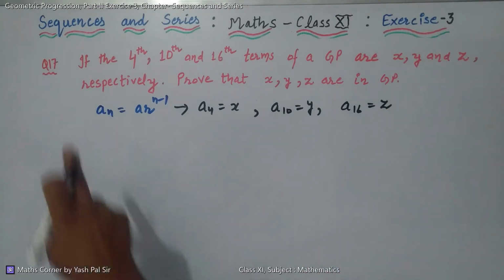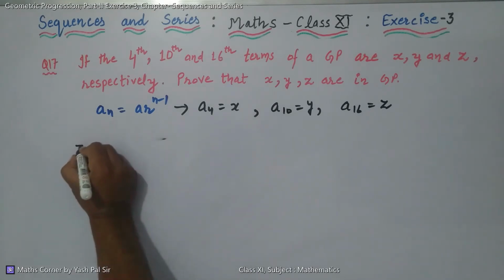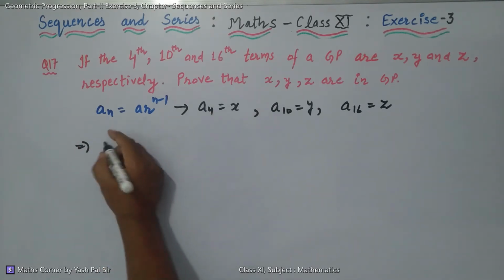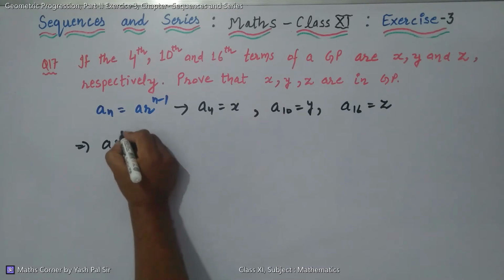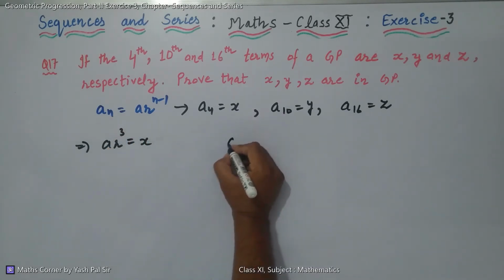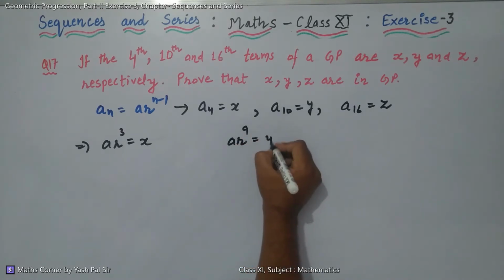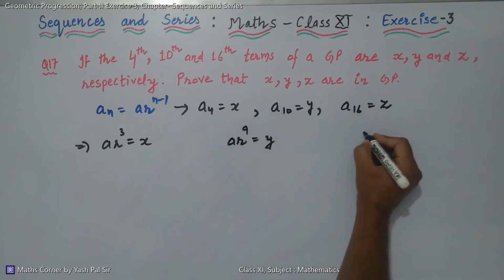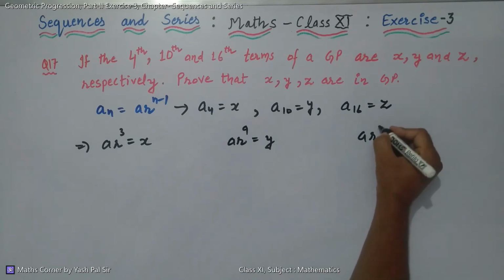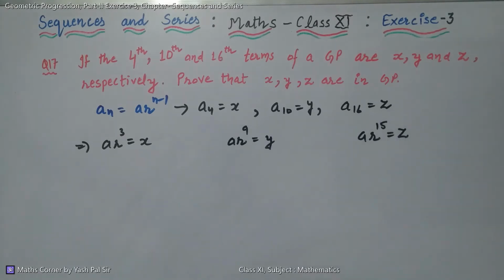Now we use this formula, which gives a4, meaning a into r raised to power 3, is equal to x. Second, a r raised to power 9 is equal to y. Here a r raised to power 15 is equal to z.